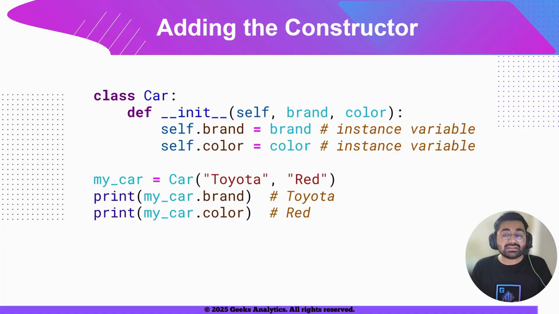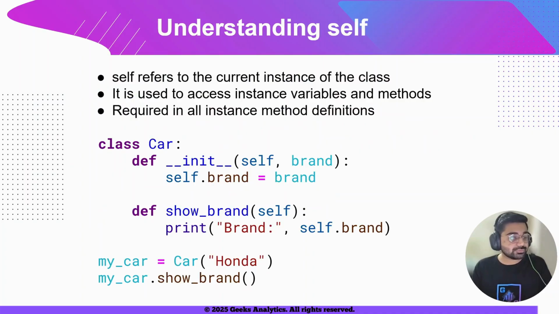Inside this initialize constructor, now we create self.brand and self.color, and these values we call instance variables, and whatever values we pass, like Toyota and red, will be assigned to these self variables.